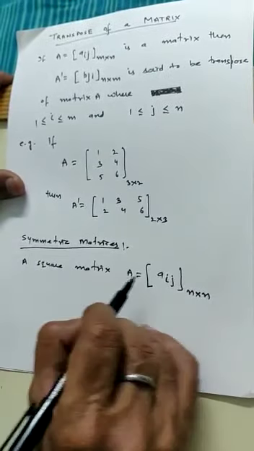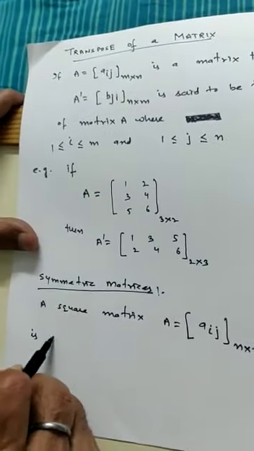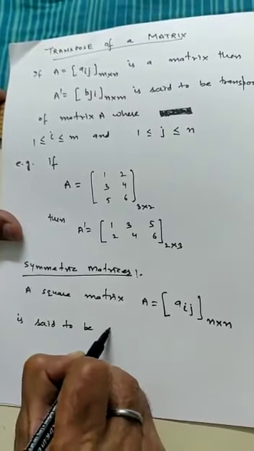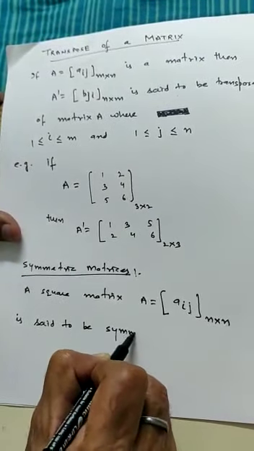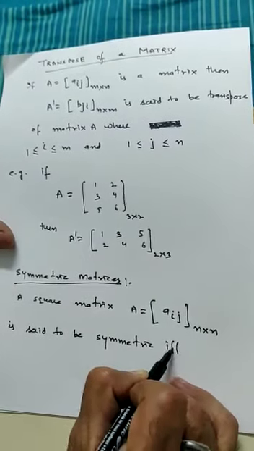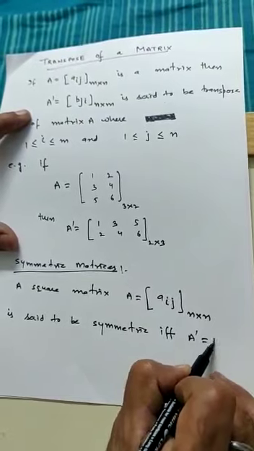A square matrix A = [aij] n cross n is said to be symmetric if and only if A' = A.